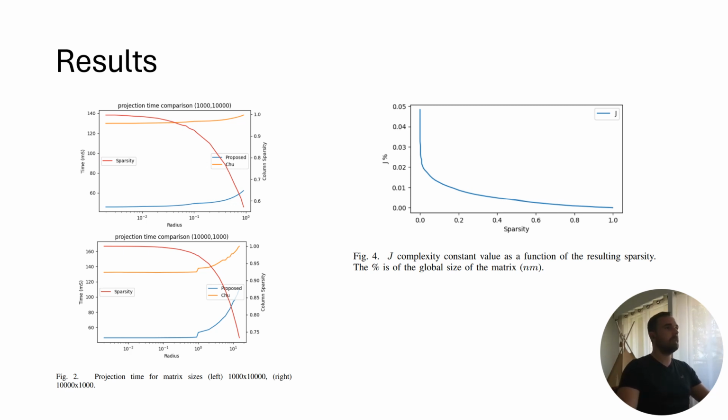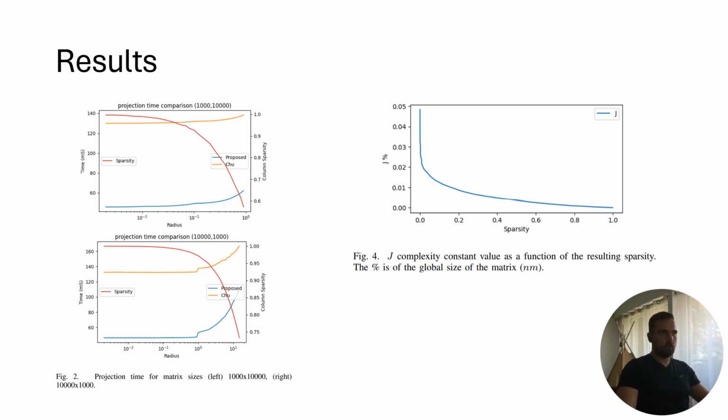Okay, so in red, this is the sparsity. You see that even when there is really low sparsity, our algorithm is still faster. And this is the most important fact: the complexity of our algorithm is a function of j, so we tried to plot j to give you an intuition. When the sparsity is really high, j is close to 0.